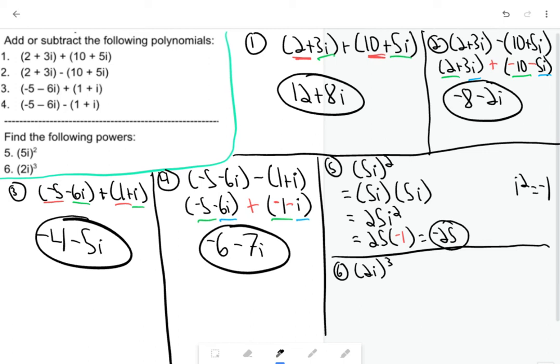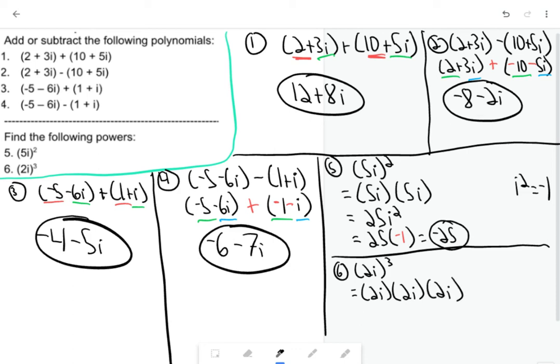What happens if we cube an imaginary number? That's a different story. Something interesting happens there. So 2i cubed, when you cube a number, that means to multiply that number by itself 3 times, right? So 2i cubed means 2i times 2i times 2i.